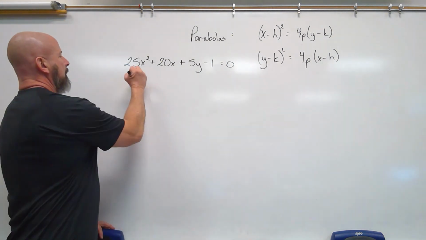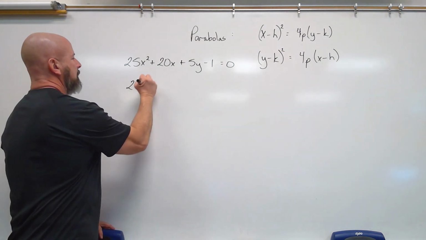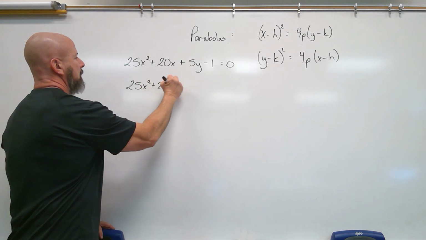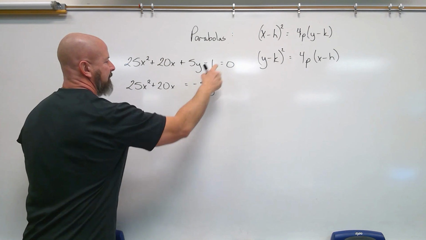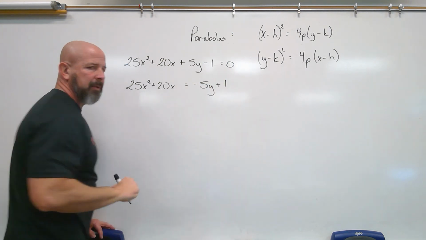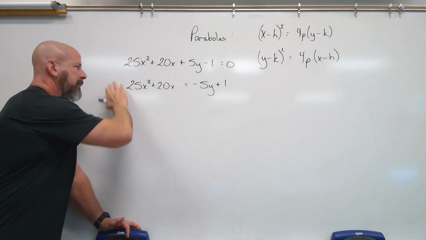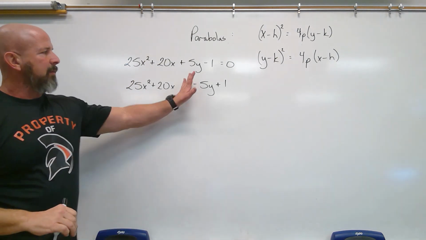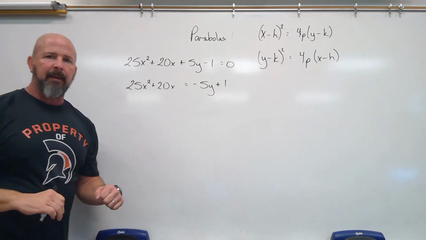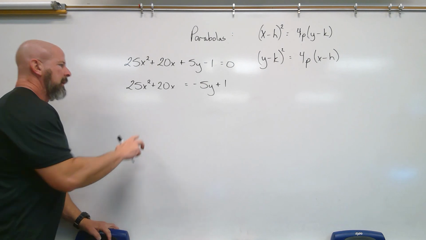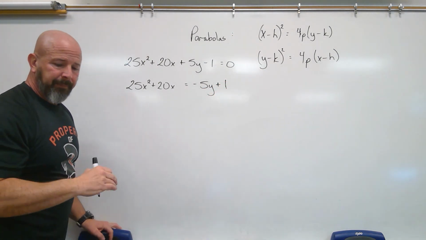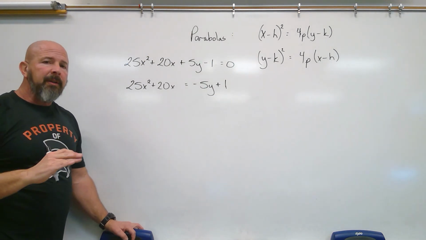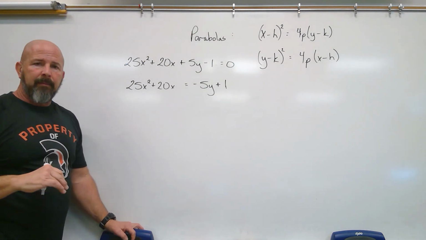So first thing I'm going to do is get the 5y and the 1 to the other side, so I'd have negative 5y plus 1. Because this is my focus, completing the square with this, everything else would be over on that right side. Now, to complete the square, the leading coefficient must be a 1.